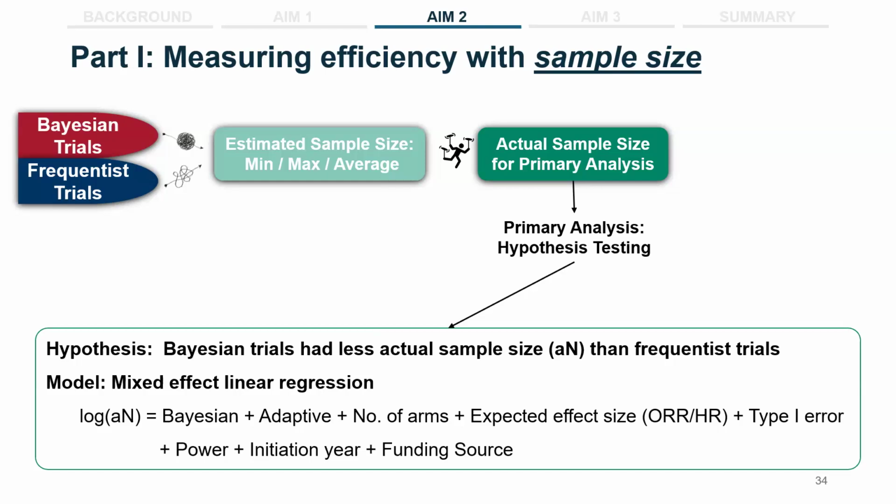To prevent data being skewed by the large trials, we're going to transform the sample size to the log scale. We're also going to control for key factors that will affect the sample size, such as being an adaptive design trial, number of arms, expected sample size, type 1 error, power, etc.